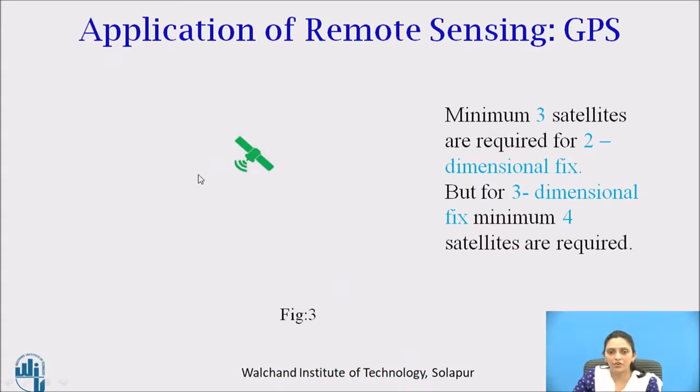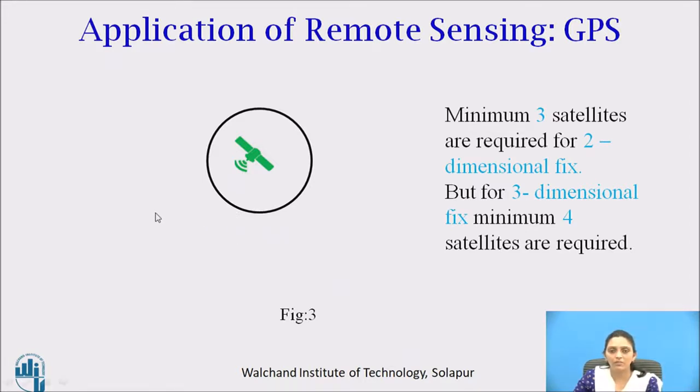From that available information, it is generated that whatever the distance given by the first satellite, the object may be anywhere on this circle. So information from only one satellite is not sufficient.